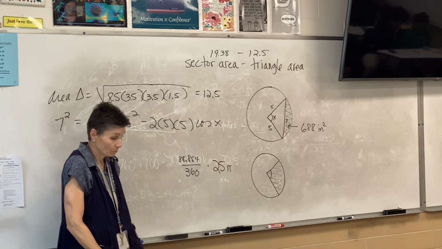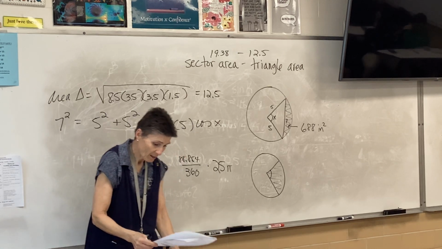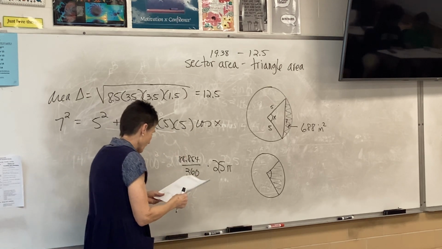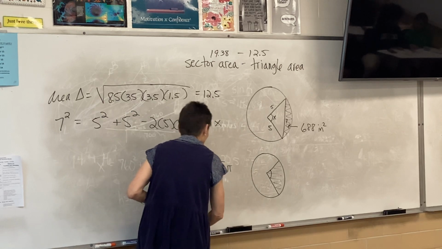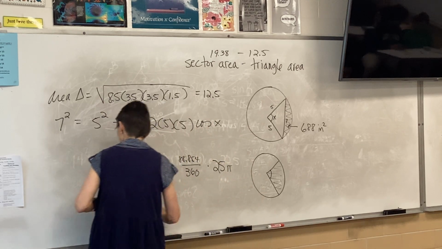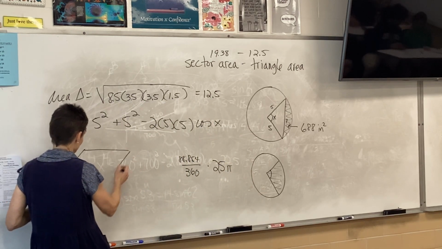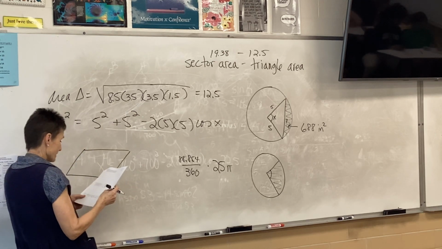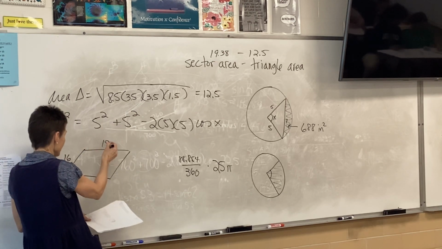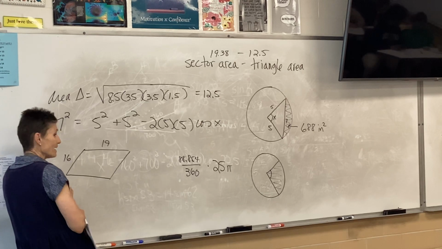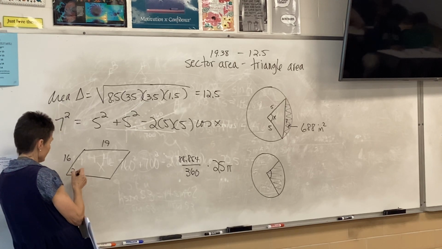Okay, woo-hoo, one more, here we go. A parallelogram has sides of 16 and 19. Okay, everybody knows what a parallelogram is, right? Has sides of 16 and 19 and an angle of 28.